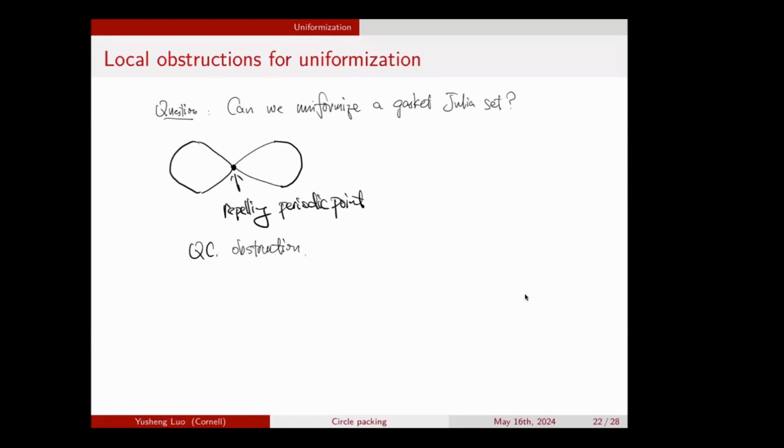Okay, so there is another type of local obstruction. Another picture might look something like this. I'm going to draw a cartoon picture.